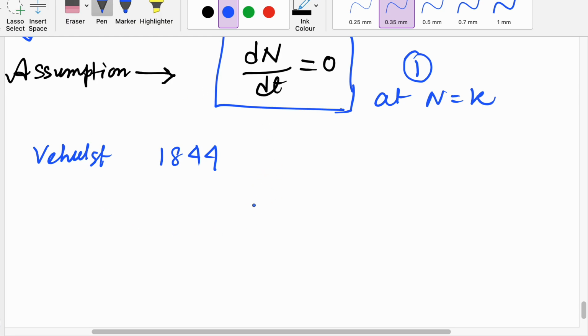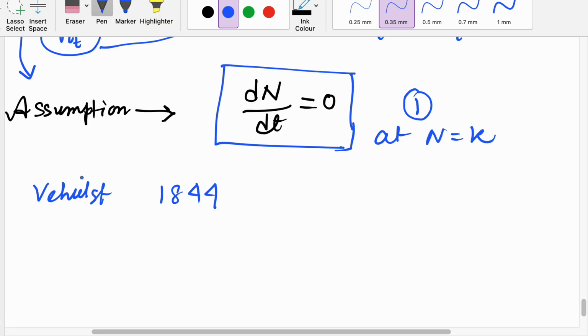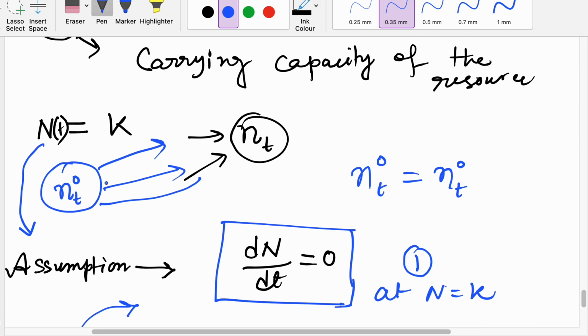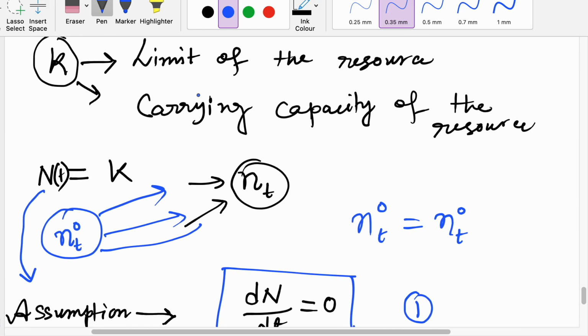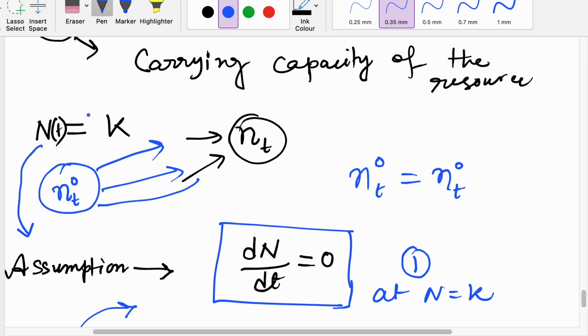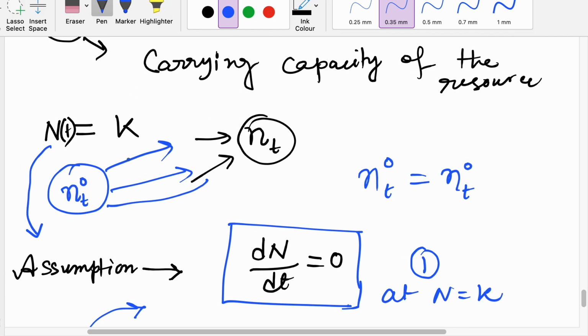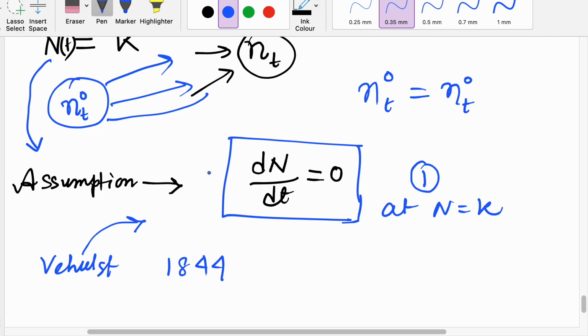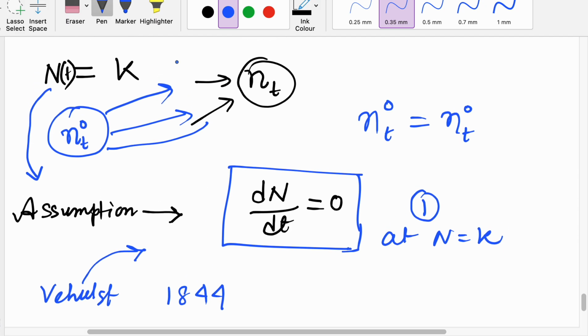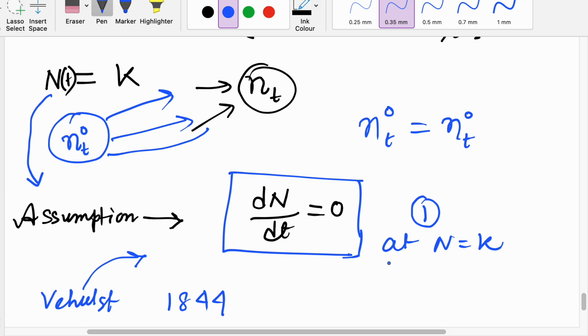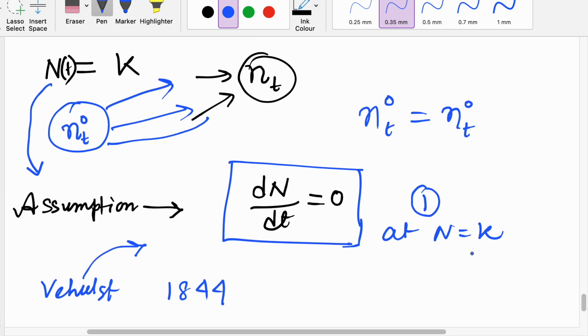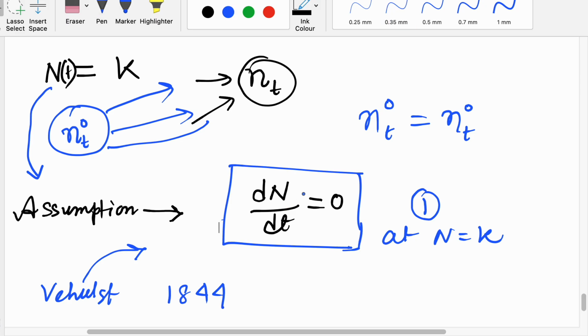Verhulst introduced that in the population growth model, the population cannot grow infinitely; there is a limiting factor of the resource, and that limiting factor is incorporated by the carrying capacity. When the population reaches that limit, N equal to K, then the rate of change in the population should become 0, because at that point no resource is available, so the population cannot grow further and the growth will stop there.